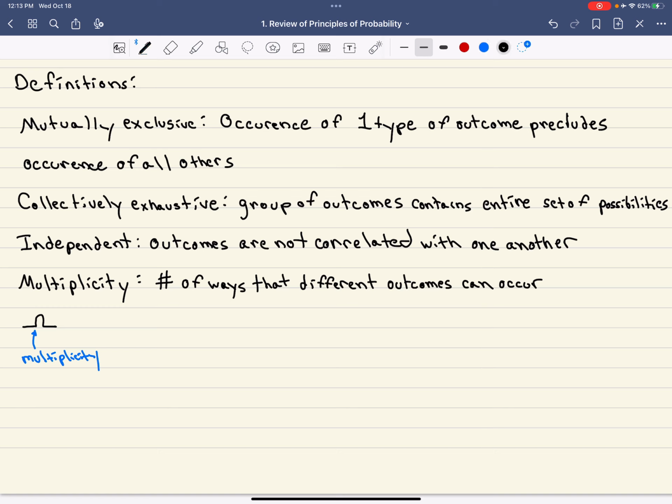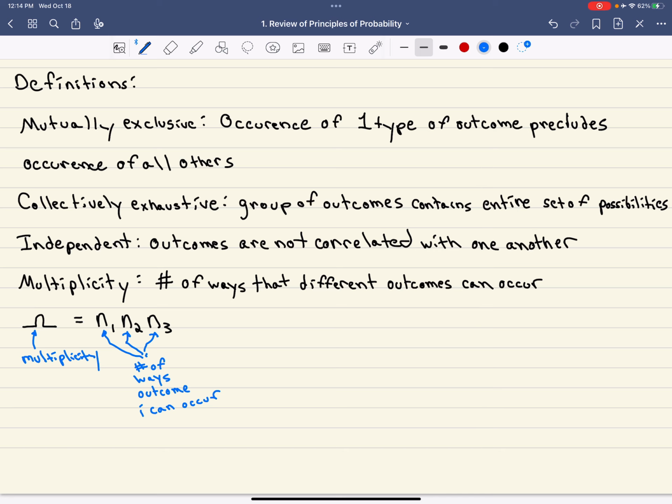And the way that you would calculate multiplicity is, let's say you have some scenario 1, some scenario 2, and scenario 3 that make up your set of available possible scenarios. So these n's represent the number of ways outcome i can occur. Right?